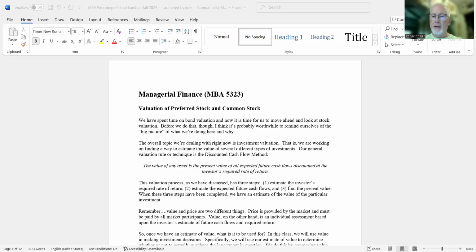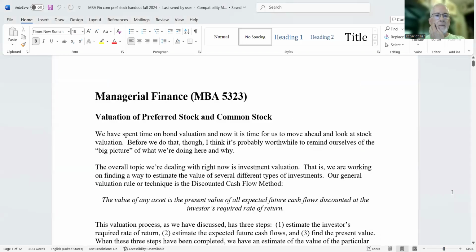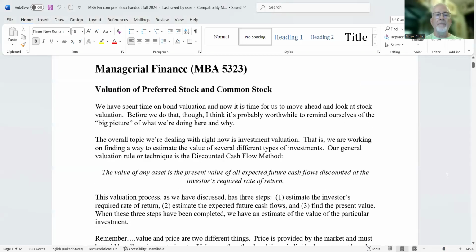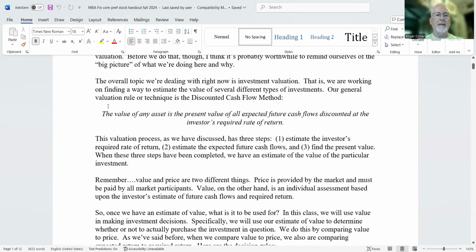So let me share the handout. It's the same one as we used with preferred stock. Okay, I'll make it a little bigger so you can maybe see it more easily. There we go. All right. Like I said, discounted cash flow method.